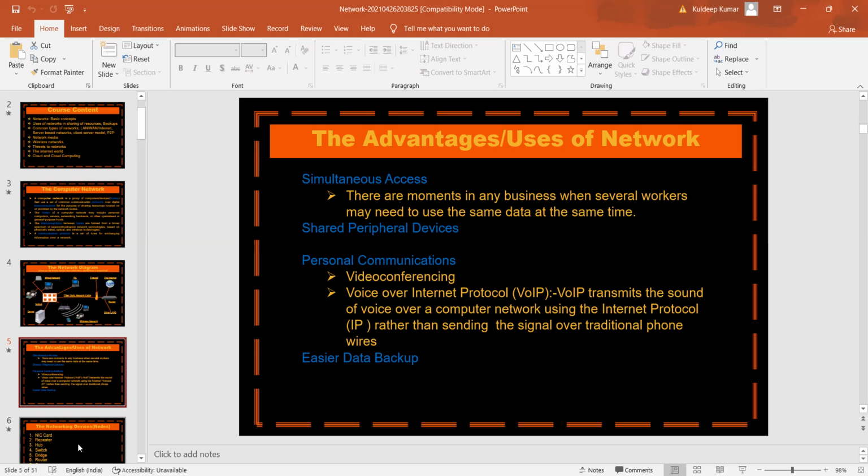Voice over internet protocol transmits the sound of voice over a network of computers using the internet protocol rather than sending the signal over traditional telephones. Means if you know the IP of one computer, you can send the data to that computer. And through the network, the backup of data is very easy. So these are some advantages of network.